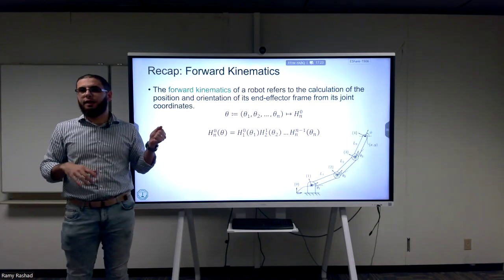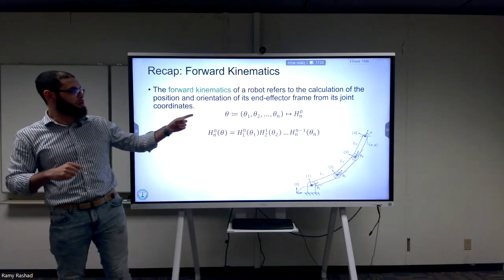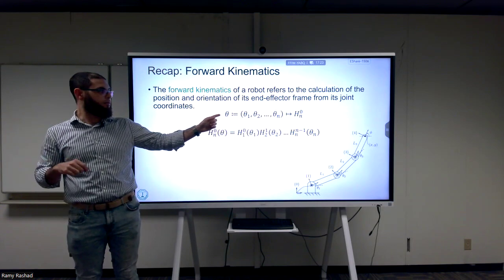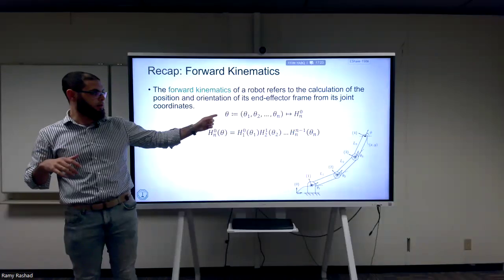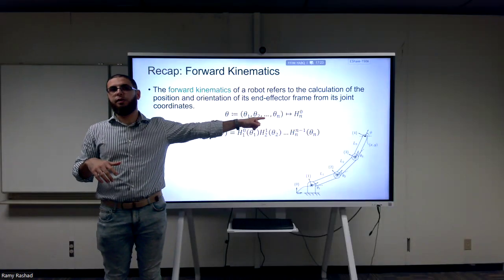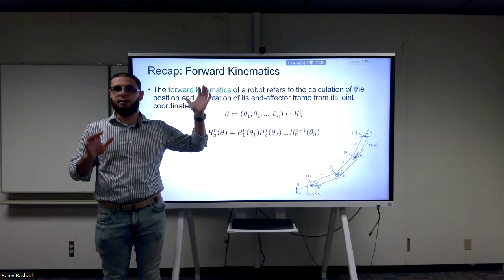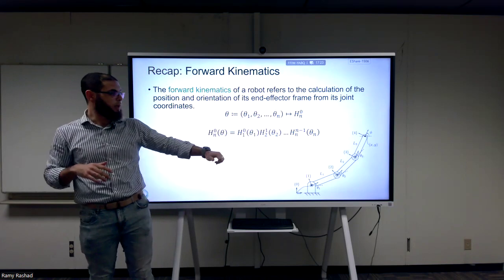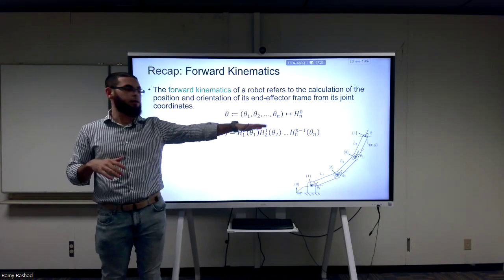We discussed the forward kinematics, which is the map that goes from the individual joints of our manipulator to the pose of the end effector with respect to the spatial frame. So the spatial frame or the inertial frame is frame number 0, and the end effector is frame number n.